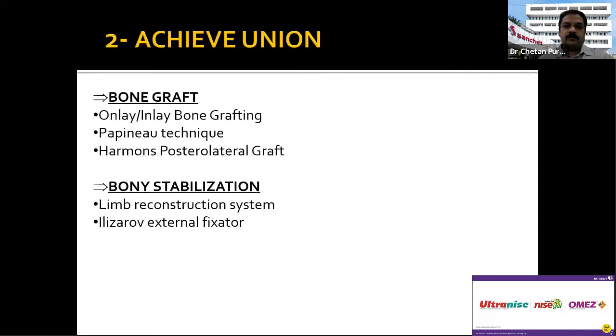Then to achieve union, there are various methods one has to exercise, such as different types of bone grafts, and then the stabilization of the non-union or the bone ends.